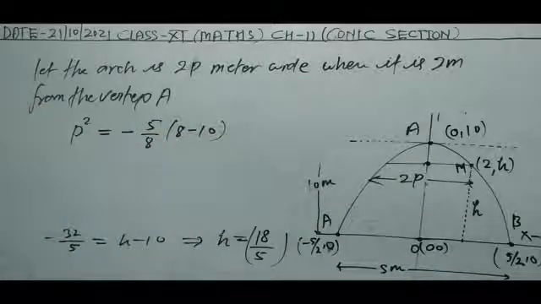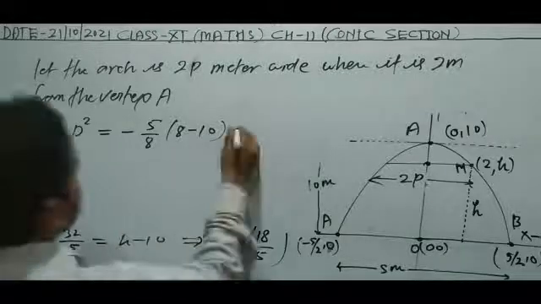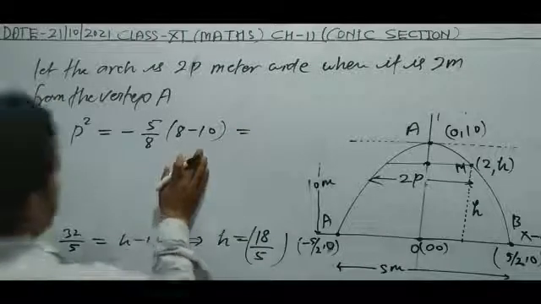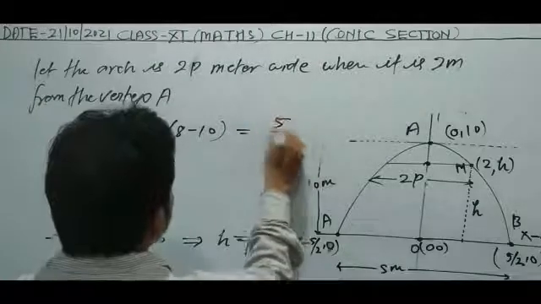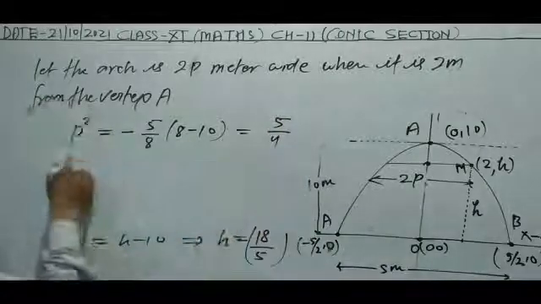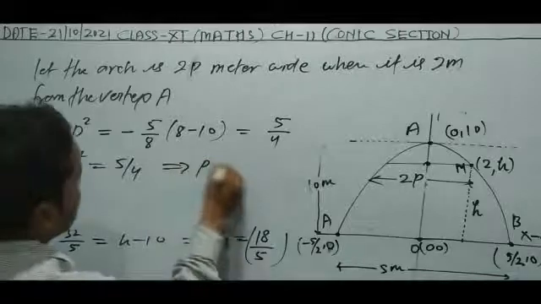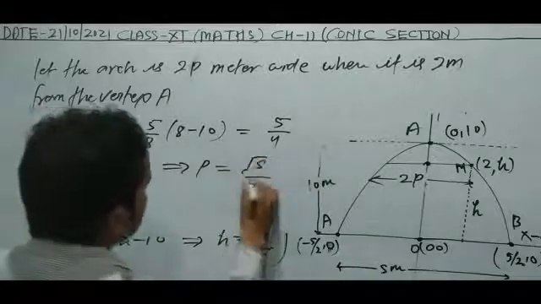Its calculation is 5 by 8 into minus 2, so 5 by 4. This is p square. P square is 5 by 4. This implies p is equal to root 5 by 2.